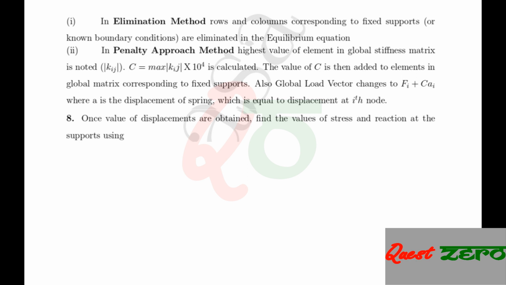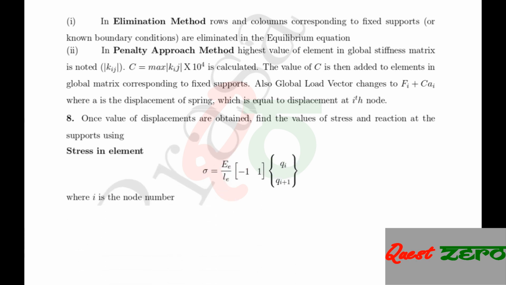Once the values of the displacements are obtained, the stress as well as the reaction at the supports can be easily obtained. How do you obtain stress? We use the formula sigma = (E^e / L^e) [-1, 1] [Q_i; Q_i+1], where Q represents the displacement and i represents the node number.